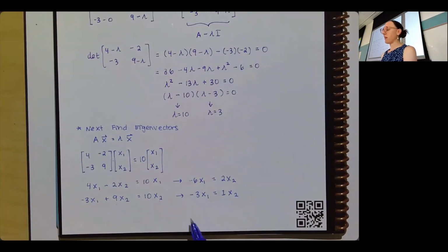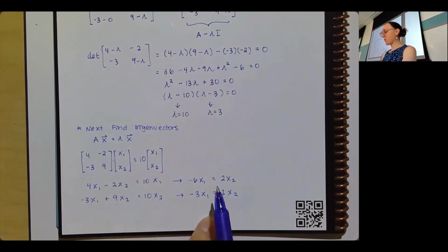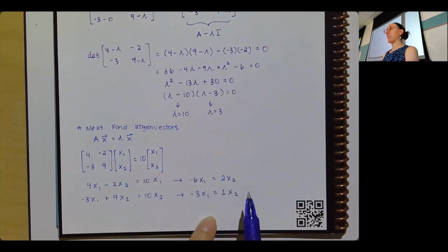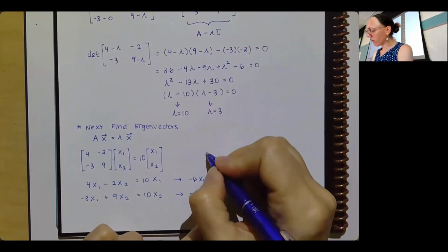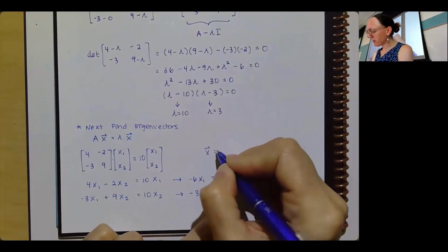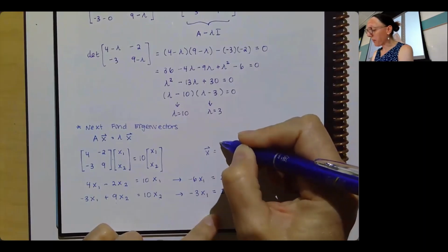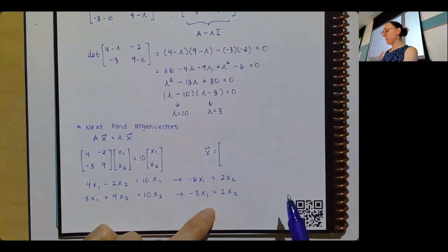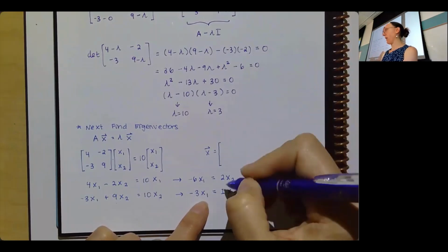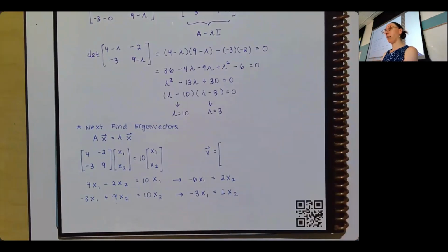And what this tells me is that every single eigenvector has this relationship between its x component and y component. So generically, I can write an eigenvector. I'm going to do what the book does, which is to always just let x1 be equal to 1 and then figure out what x2 has to be to make it work.